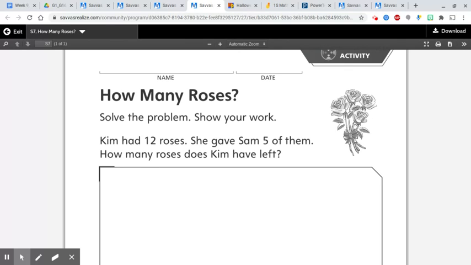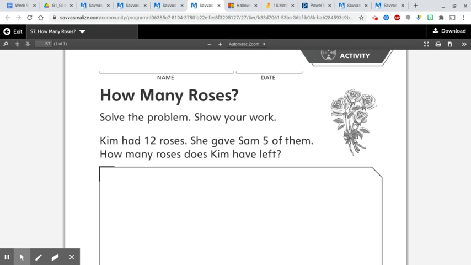So for this problem, think about what number you need to start with. We're starting with 12. So make sure you have 12 cubes. And then it says she gave Sam 5 of them. So right now I want you to think, are we adding more? Are we taking some away? If she gave them away, we're taking them away.